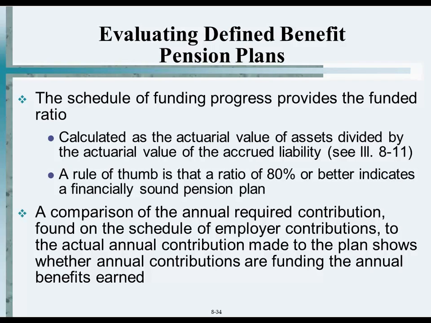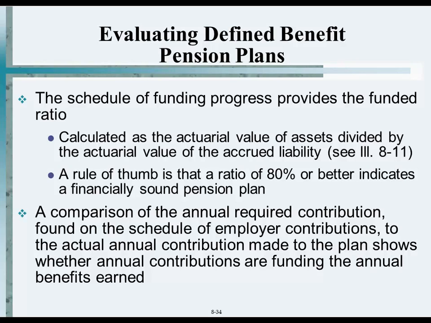Basically what this says is, if you took your pension assets, which is the actuarial value of assets, and divide that by the actuarial value of your liability, if it's 80% or better, you're okay. What would your answer be? I want it to be 100%. I don't want it to be 80%. That means I have what? 80 cents on the dollar, right?